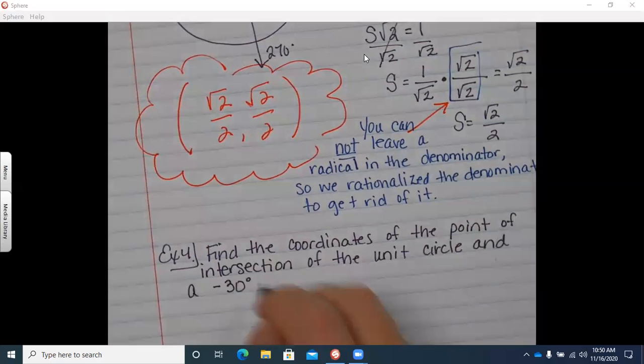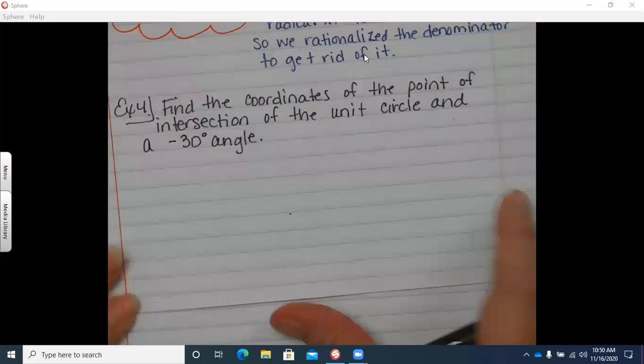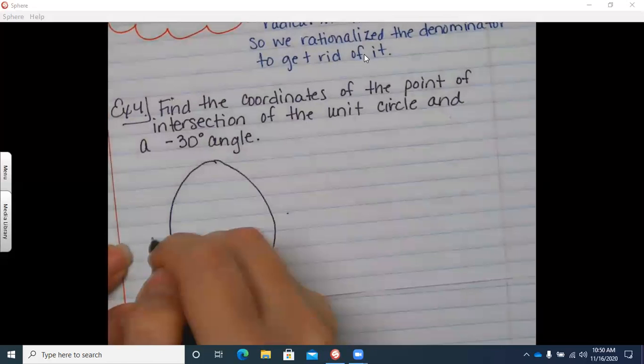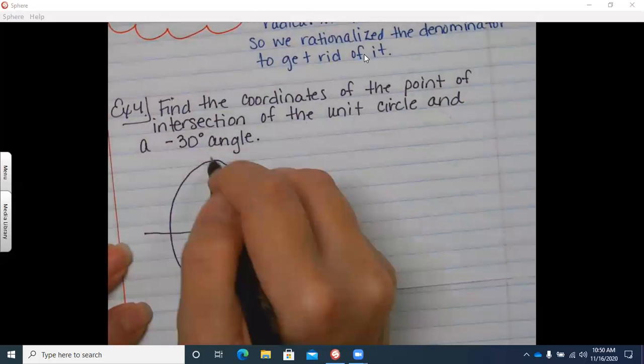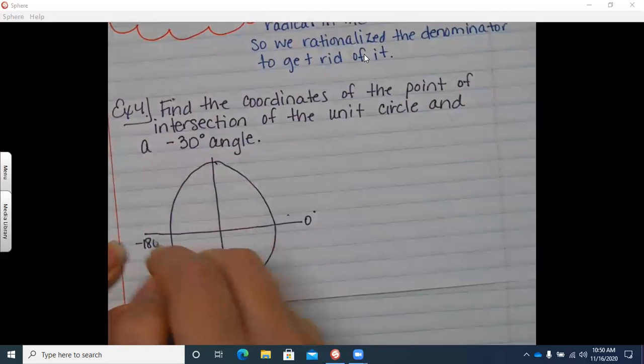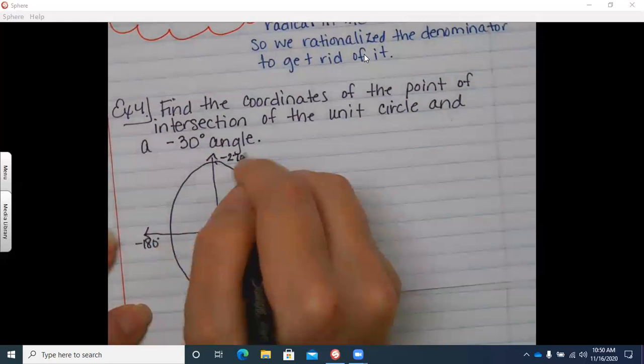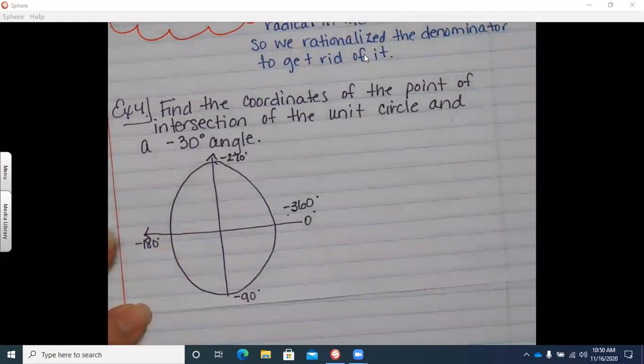What quadrant is a negative 30-degree angle going to be in? Because we are rotating clockwise, a negative angle. So negative 30 is going to be in quadrant 4, somewhere between 0 and negative 90, closer to 0.